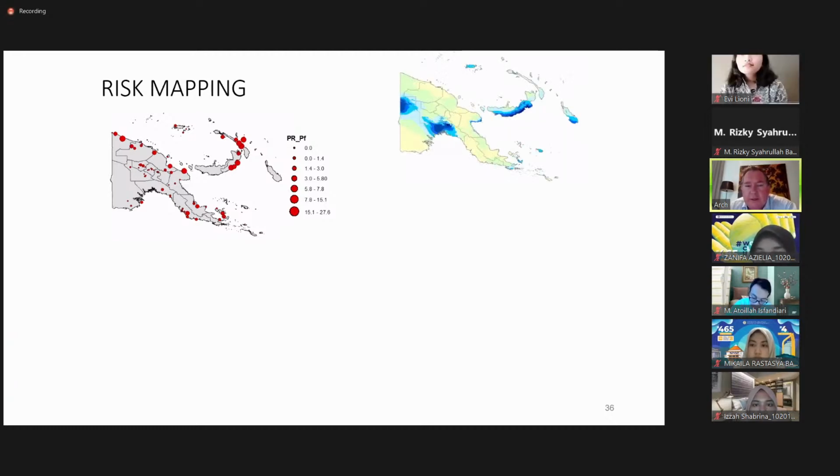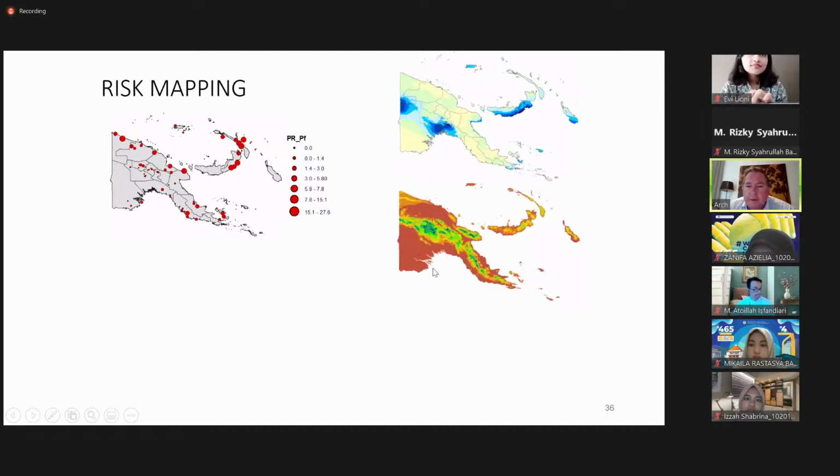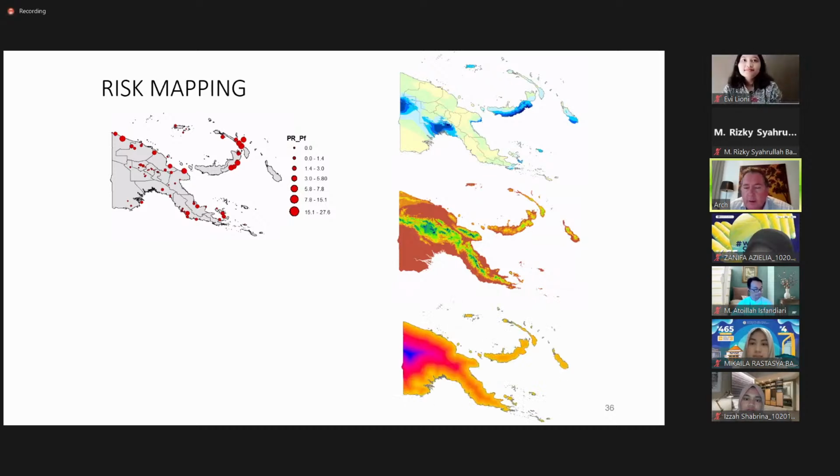What you do with risk mapping is you link that information in a geographical information system to environmental variables that you think may be associated with disease risk. In this case, we've got precipitation, elevation or altitude, and distance to the coastline. In a geographical information system, we can link the value of each of these variables on the right with prevalence observed in our sample of locations.